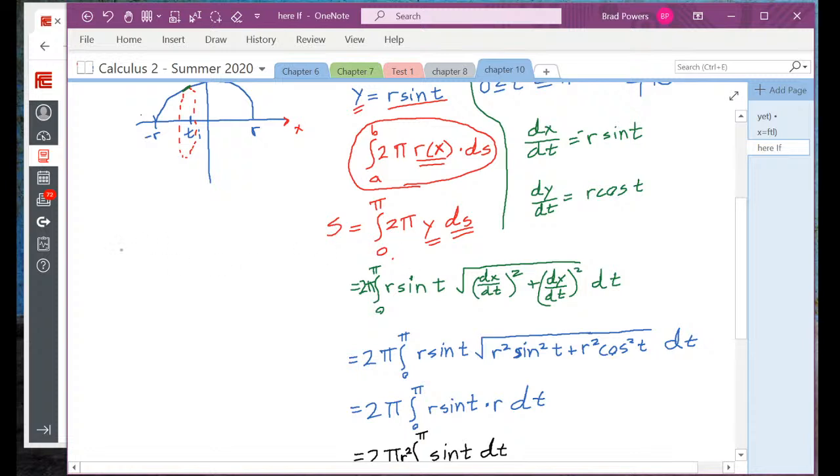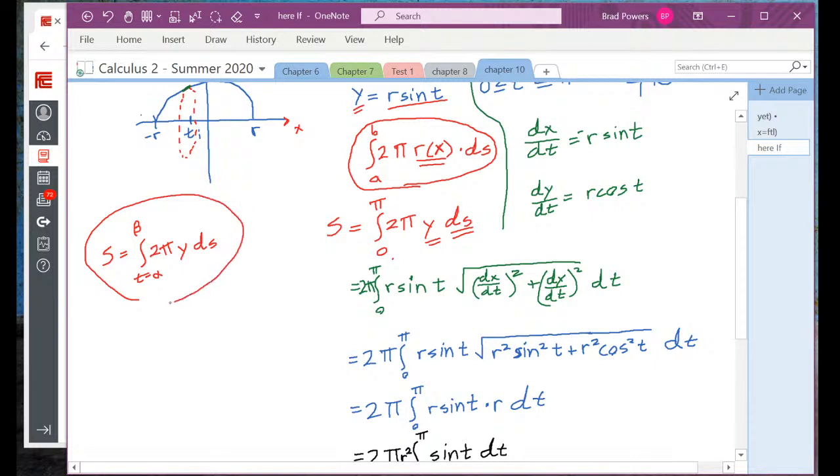So there you go. Our book does try to simplify it down to saying it's kind of like this. You're going from t is alpha to beta of 2 pi y ds. ds is that arc length part. It's this root part.